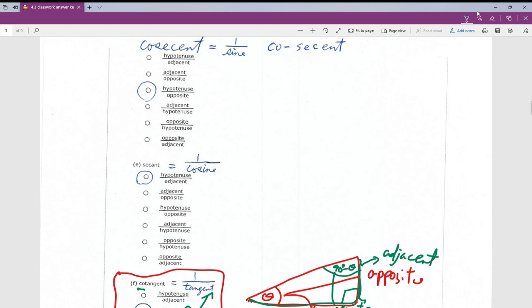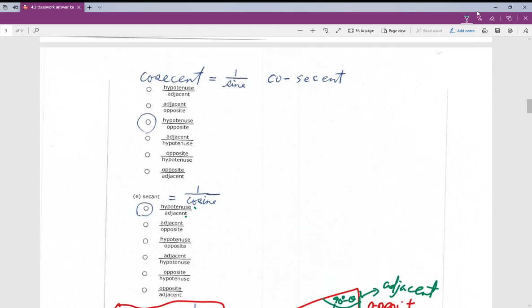Cosine's definition is adjacent over hypotenuse, and right now we take the reciprocal. So it's easier to memorize secant and cosecant. Why are they still co-functions? Because sine and cosine are co-functions, and their reciprocals will be co-functions as well.